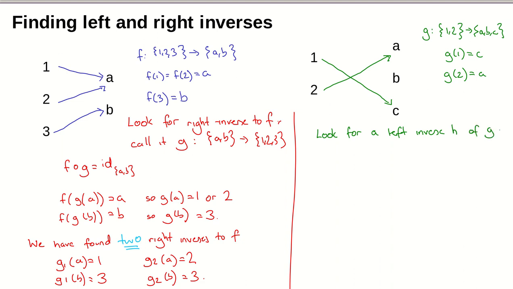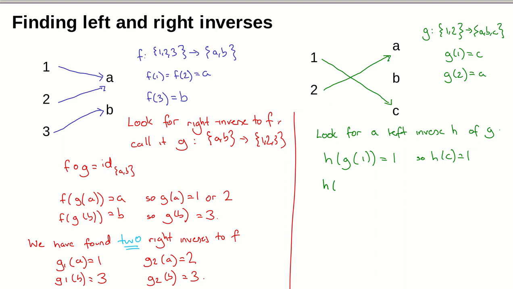Again, let's think about what properties a left inverse would have to have. It would have to have the property that h of g of 1 is equal to 1. What does this say? g of 1 is equal to c, so h of c must be equal to 1.